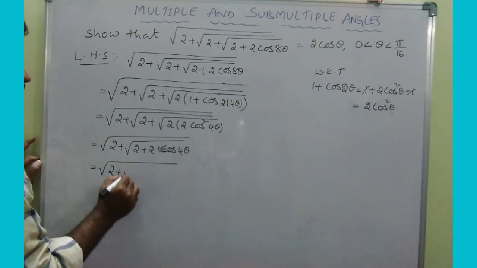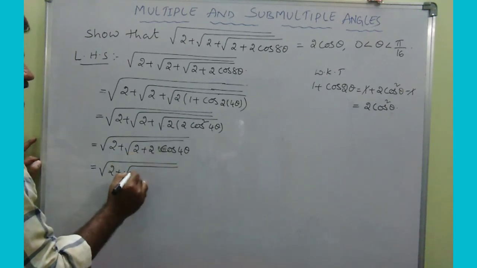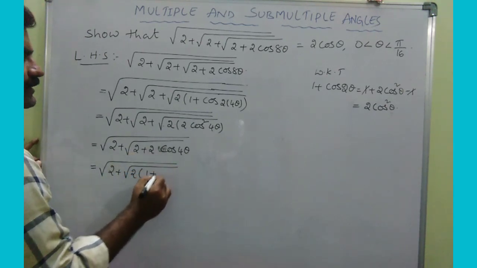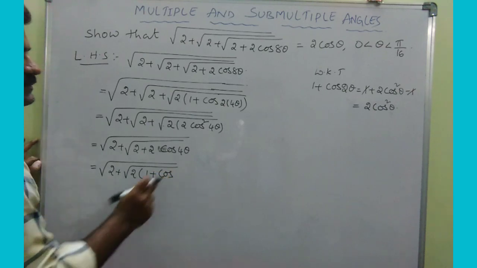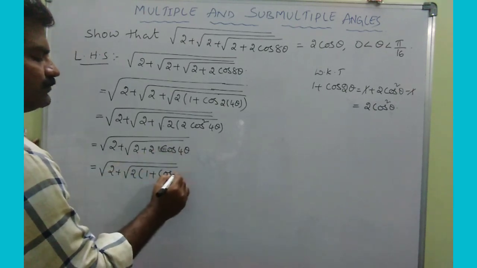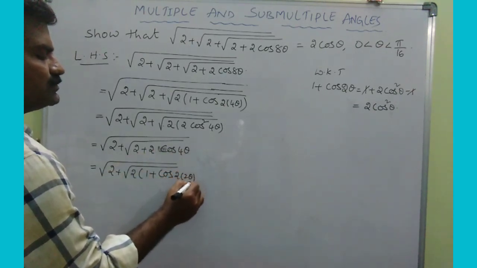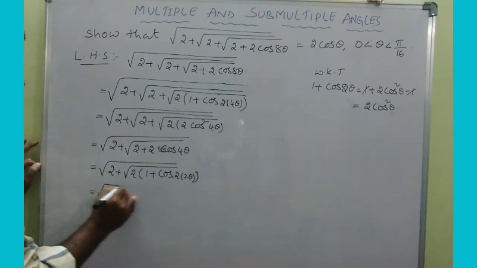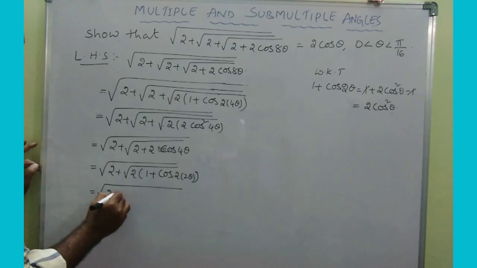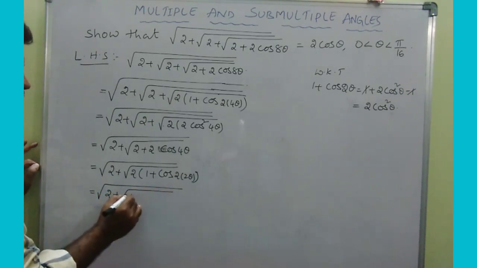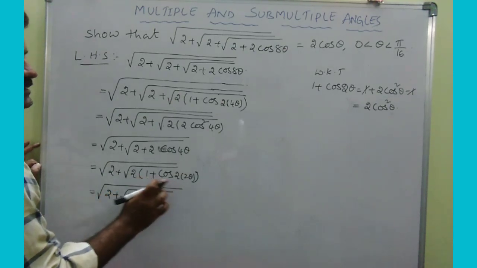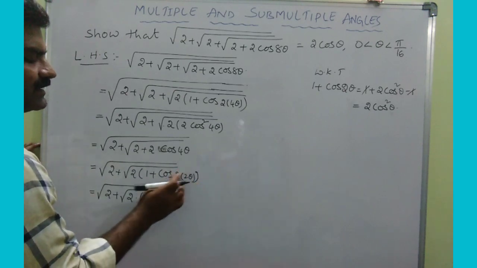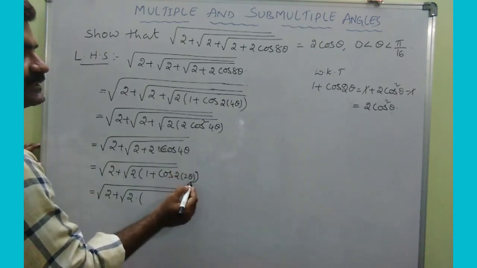Once again we can take 2 common here. 2 plus root of, if you take 2 common, then 1 plus cos 4 theta, and 4 theta can be written as 2 into 2 theta. So this is 2 plus root of 2 into 1 plus cos 2 theta, but this time theta is 2 theta.